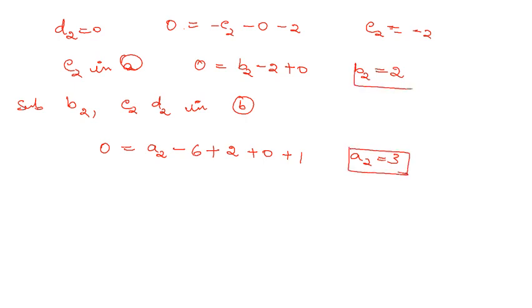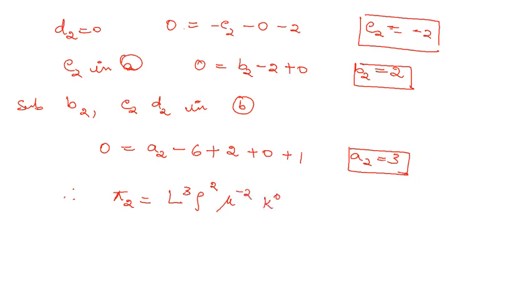So here I already got b2 is equal to 2 and c2 is equal to minus 2. Substituting all these things, I got the values. Therefore, I can write the pi 2 term as L to the power 3, rho, that is density, to the power 2, viscosity to the power minus 2, k to the power 0 and buoyancy force.